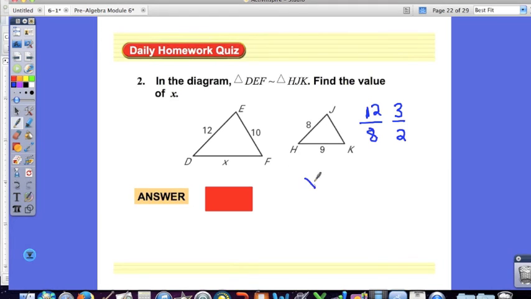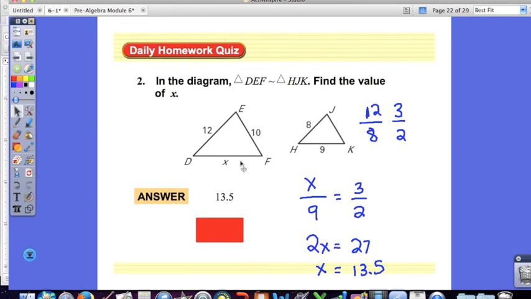So over here I have x for 9, 3 over 2. I have my larger one on top, my smaller one on the bottom. So 2x equals 27, x equals 13.5.